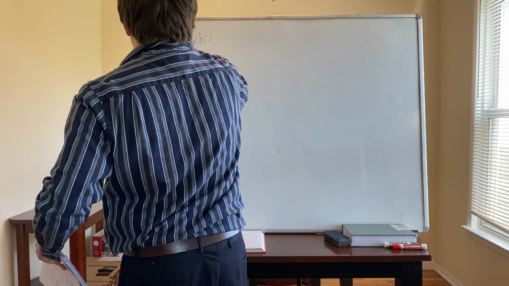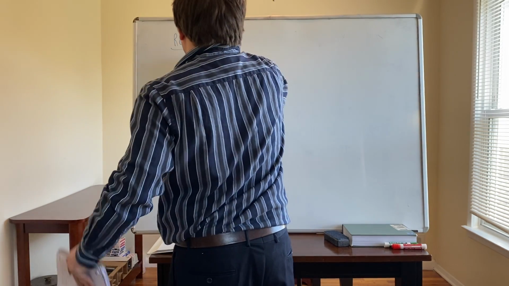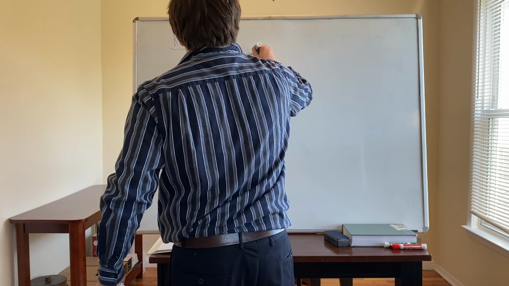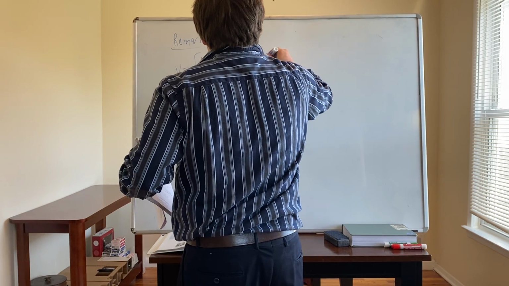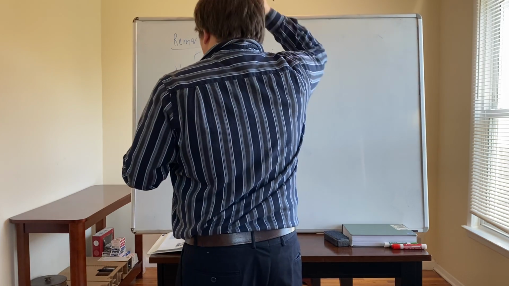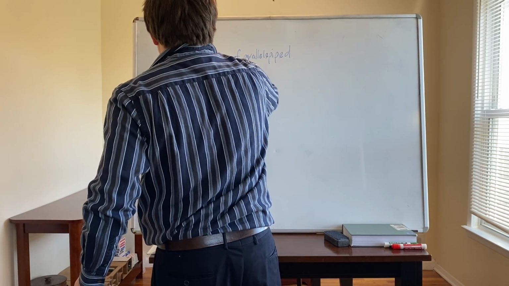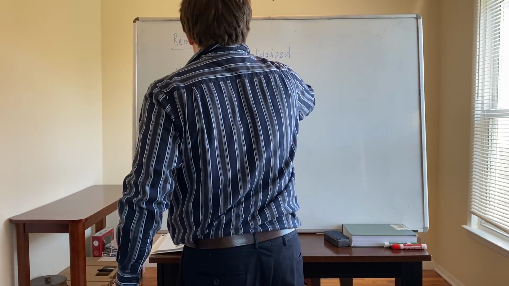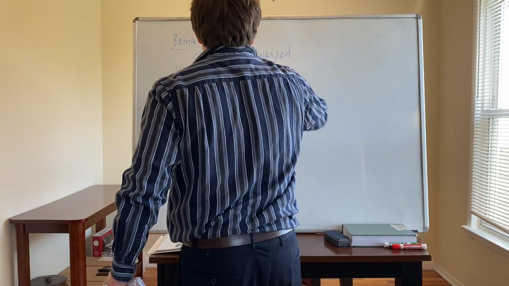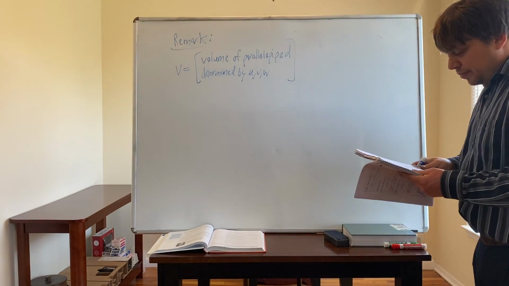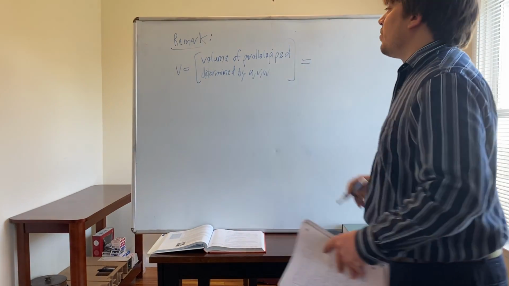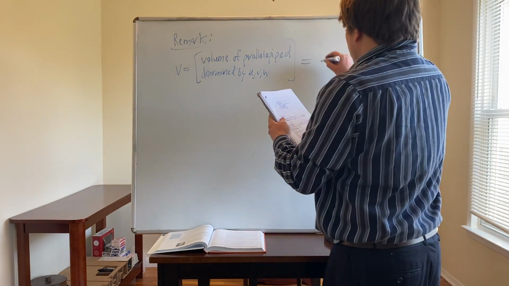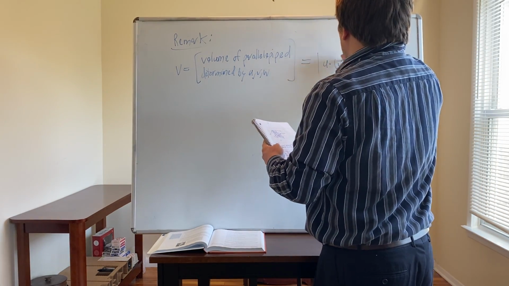Okay, so remark: V, which is the volume of a parallelepiped determined by u, v, w, is equal to the absolute value of u dot v cross w.